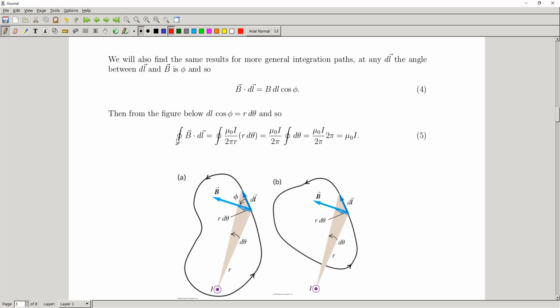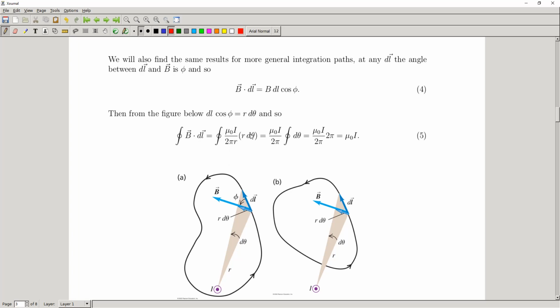And so we can write this closed loop integral, B dot dl, and I skip a step here, as B dl cos theta. Again, our B takes on this value here, because we're still dealing with a long straight wire at this point.